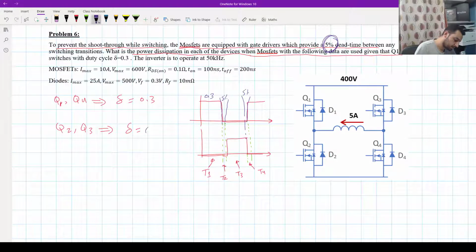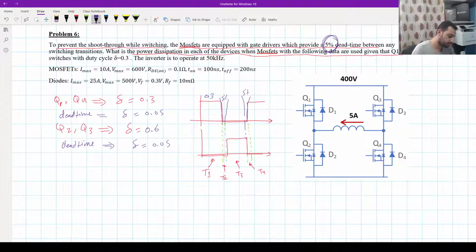Again, we have dead time here, delta equal 0.05, 5%, and another dead time that will be another delta of 0.05.